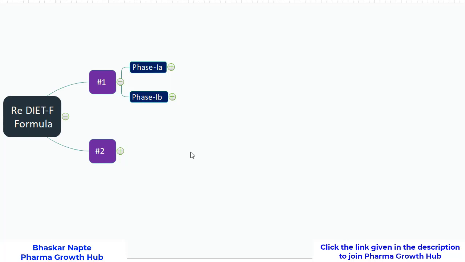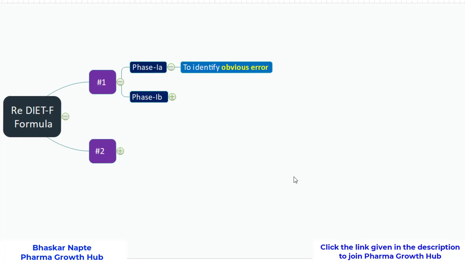So what is the purpose of carrying out the phase 1A investigation? To identify the obvious error. The obvious error is the error which you can easily identify and detect during your very primary investigation. To give some examples of obvious error: calculation error.